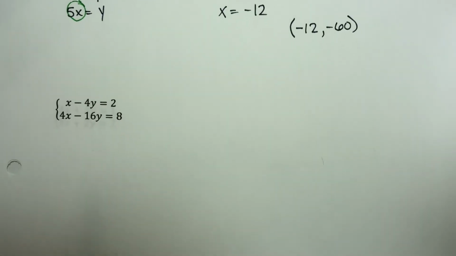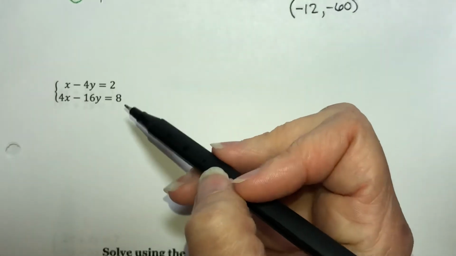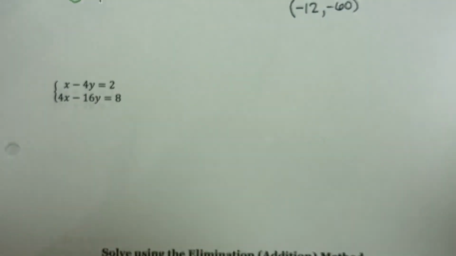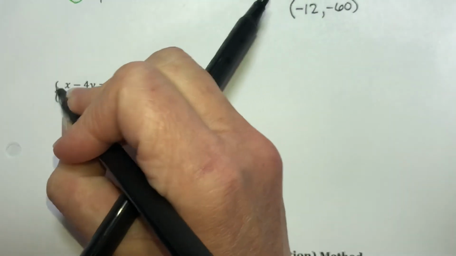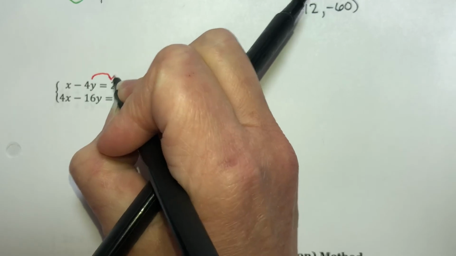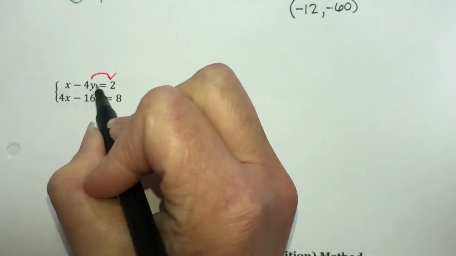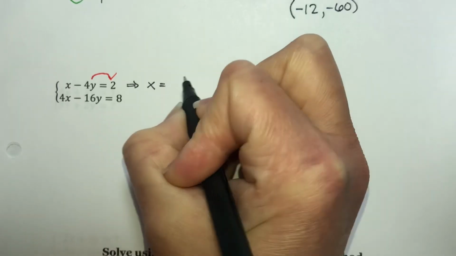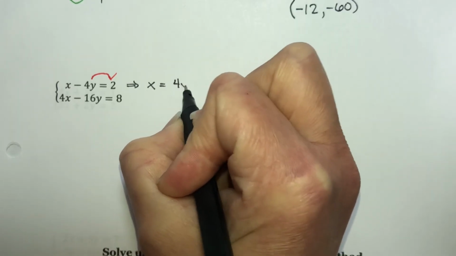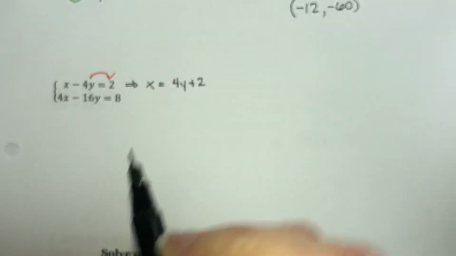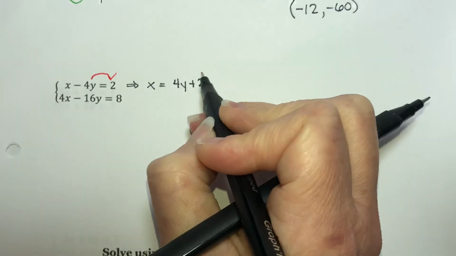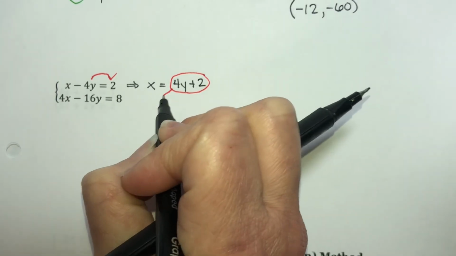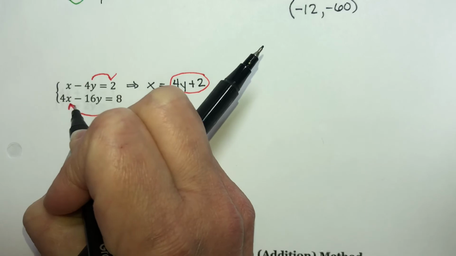Okay. All right, so let's solve this using substitution. It looks to me like it's going to be fairly easy to get x by itself from this first equation. So if I change that by adding 4y to both sides, this becomes x is equal to 4y plus 2. And now I can take all of this, since I know this is x and it came from the first equation, and substitute it in right there.